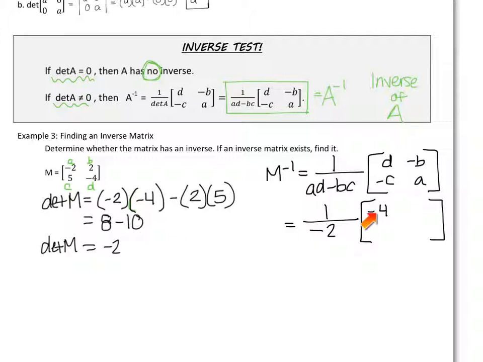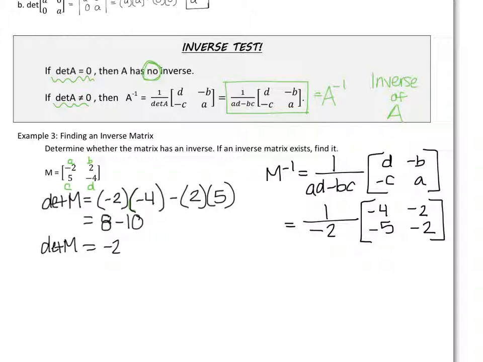So we got -4. So we need negative B now. So what was B to start out with? 2. So we need to write down -2. Now we need negative C. So what did we write down? -5. And then we need A, -2.